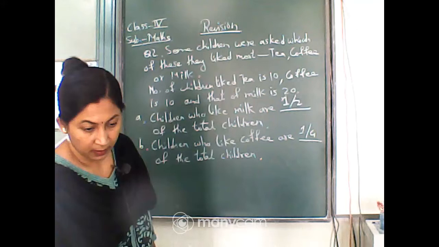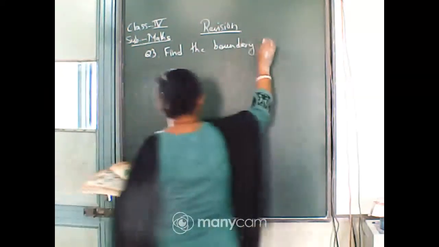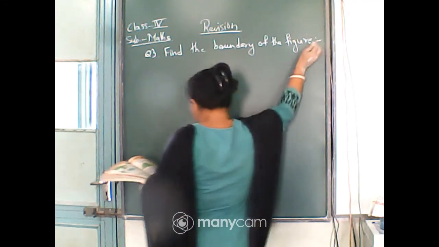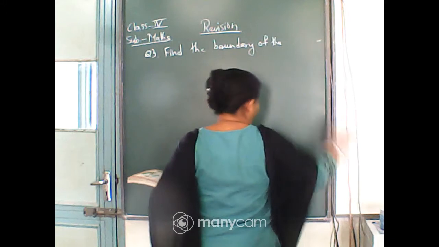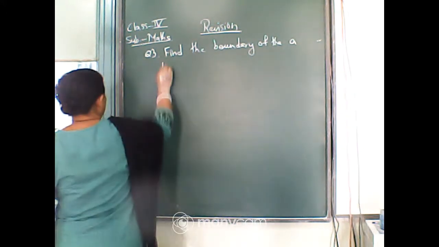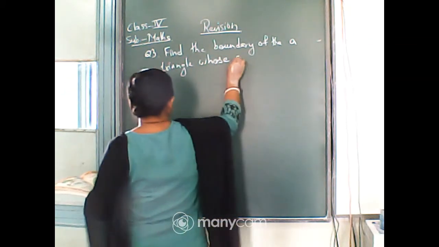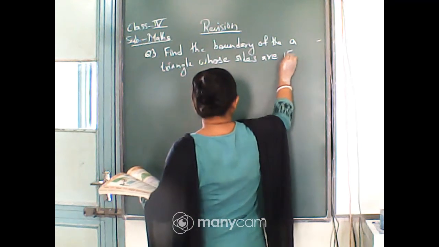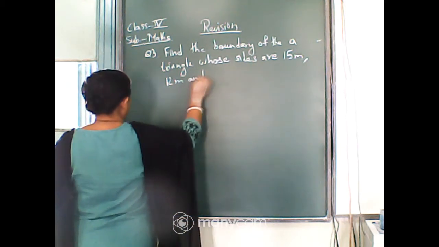Find the boundary of a triangle whose sides are 15 meter, 12 meter and 9 meter.